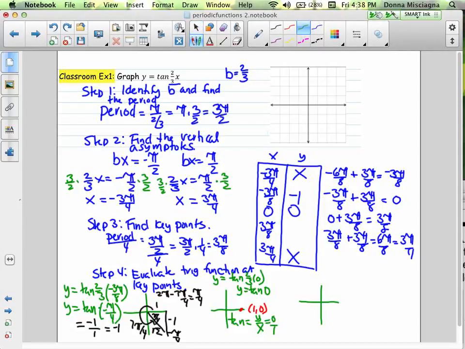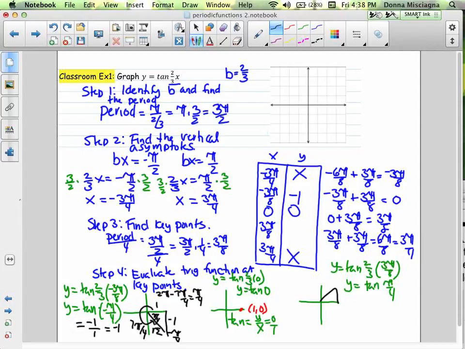So we're going to plug in 3 pi eighths. So y equals tangent of 2/3 times 3 pi eighths. And that's going to be, again, 6 over 24, or reduced, pi fourths. So y equals tangent pi fourths. This angle is its own reference angle because it's in the first quadrant.